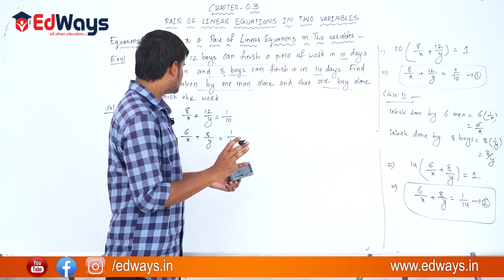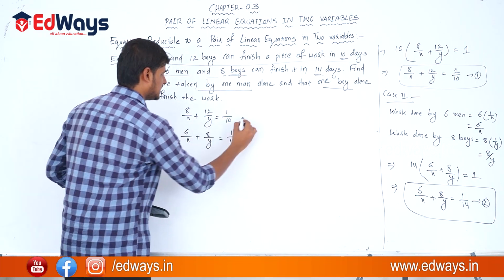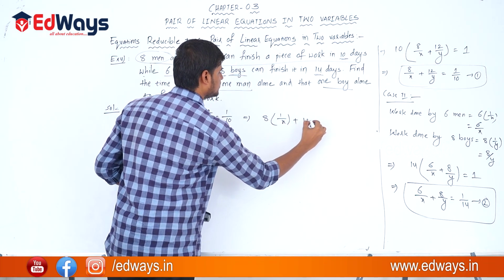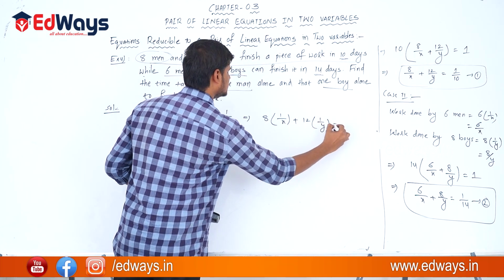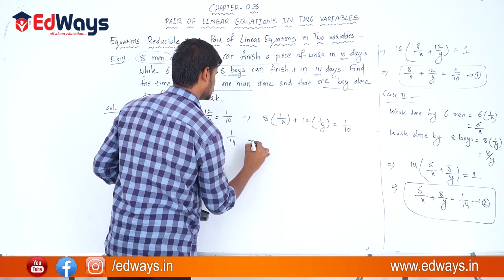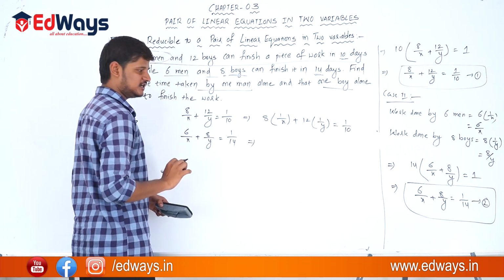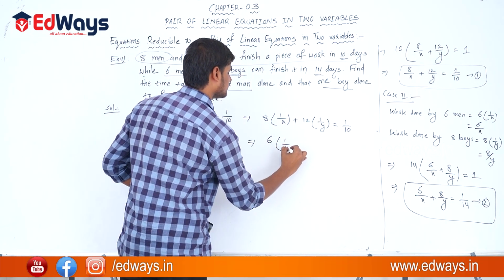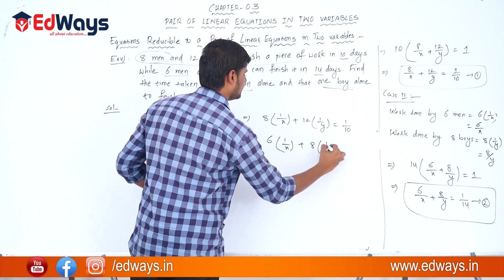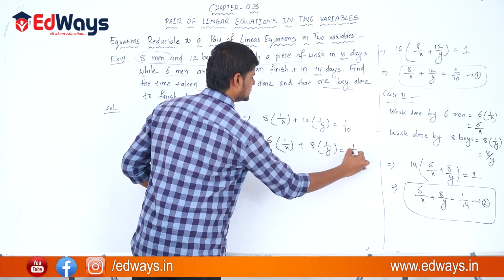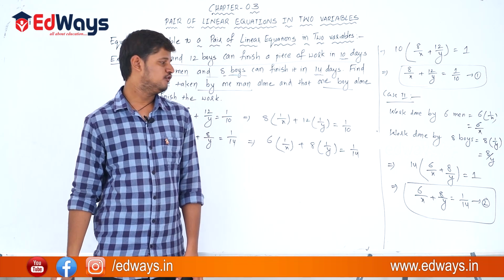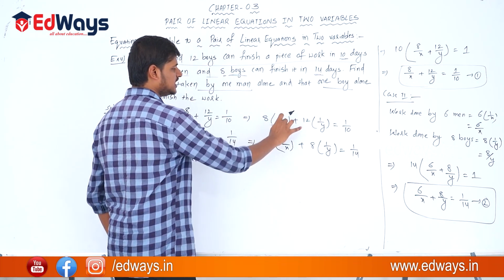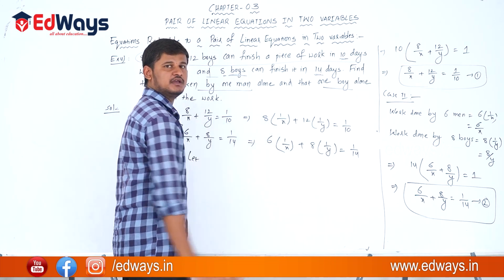What is common in these two? I can write this equation as 8 into 1 by x plus 12 into 1 by y, same thing as we did earlier. That's why I am going fast, just try to understand. 6 into 1 by x plus 8 into 1 by y is equal to 1 by 14, right? Here 1 by x is common and 1 by y is common.